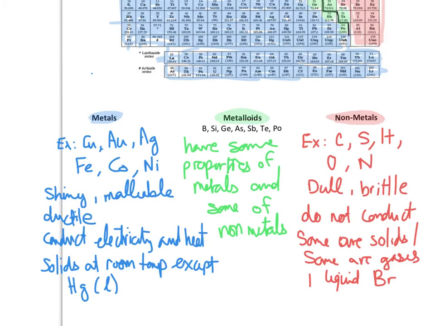So, for example, some of them are shiny, some are dull. Some conduct electricity, some don't. Some are semiconductors. Some are ductile and malleable. Others are brittle. And so each of those metalloids that we have has different properties from each other. But they are kind of in between.